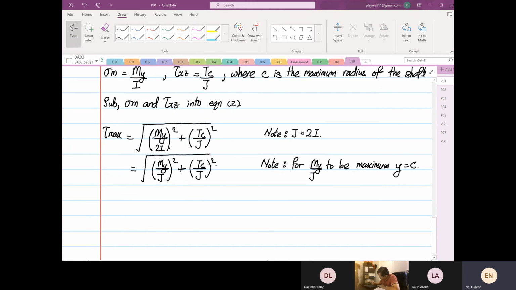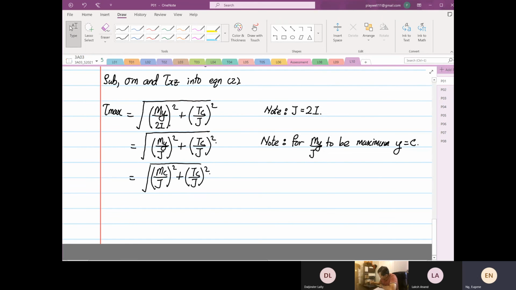So we can rewrite this as Mc over J squared plus Tc over J squared. Then you can take out the c and J, so this will be equal to c over J times the square root of M squared plus T squared.